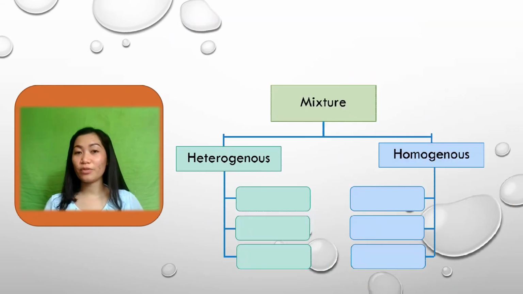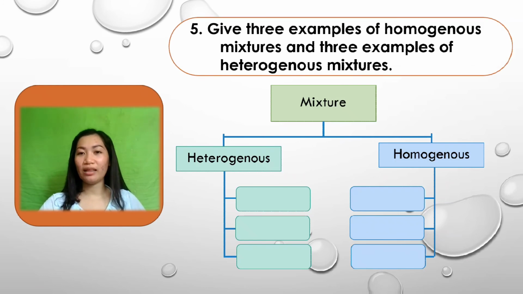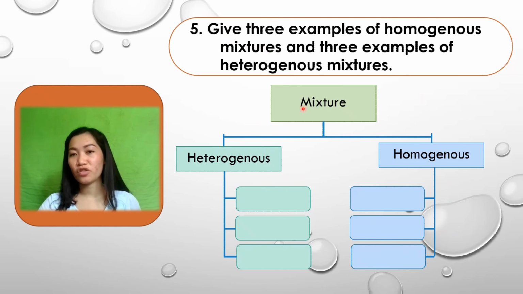And so this would be the last, number 5 learning activity we have today. For this last number, I want you to give three examples of homogeneous mixtures and three examples of heterogeneous mixtures. Heterogeneous mixtures are the mixtures that are not mixed together. Like for example, the mixed vegetables.